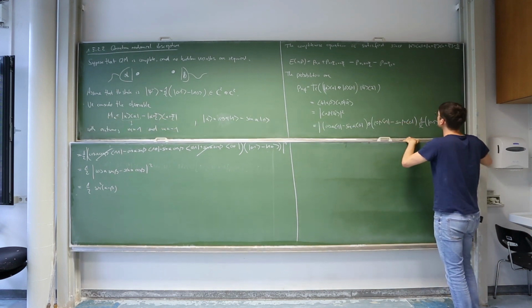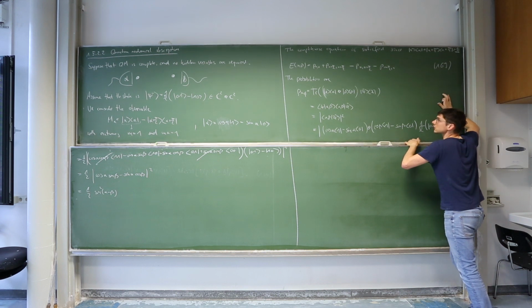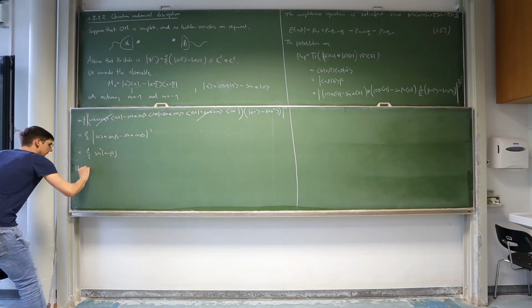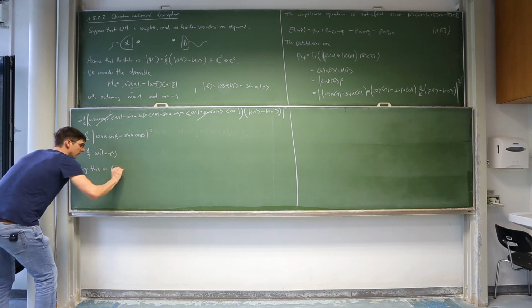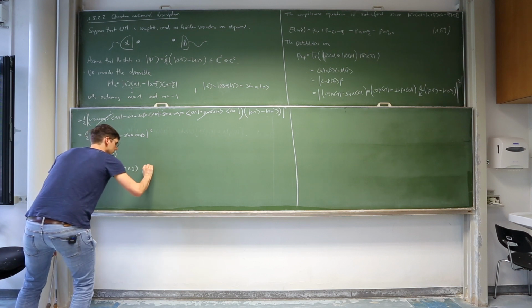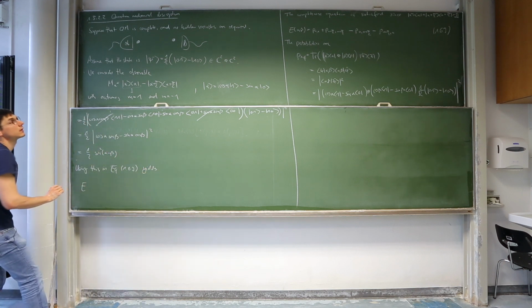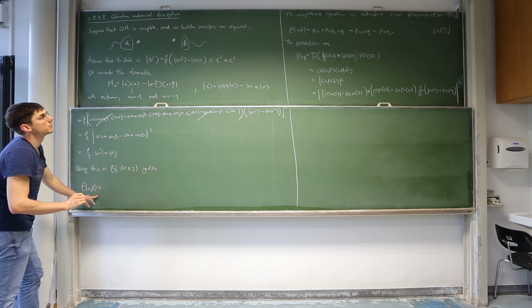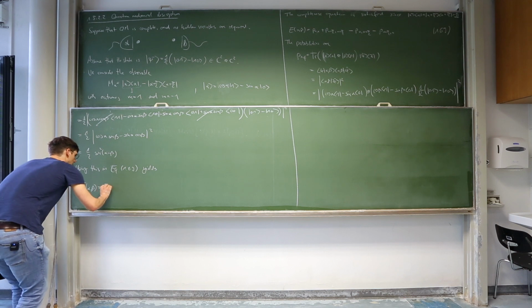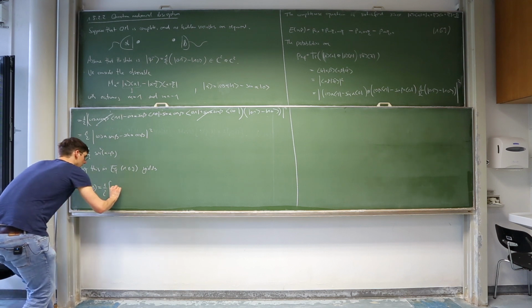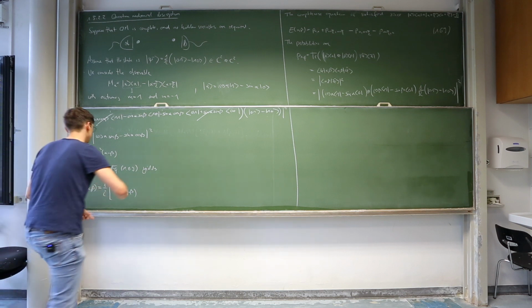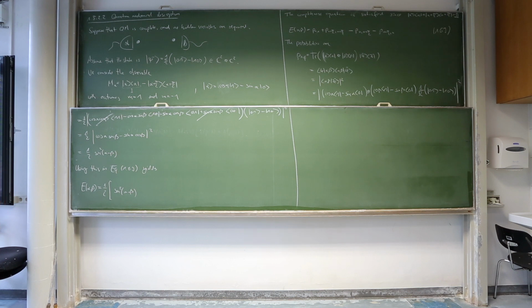So using this in equation 1.69 yields that E of alpha beta is equal to, okay, we have then 1/2 and then sinus squared of alpha minus beta.